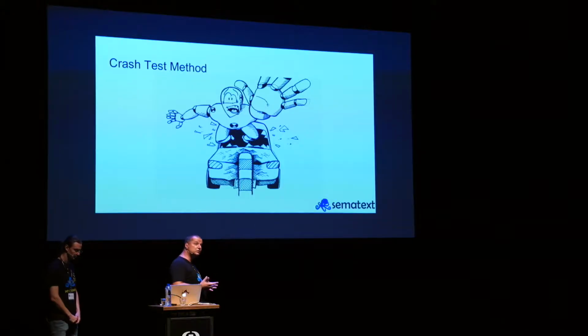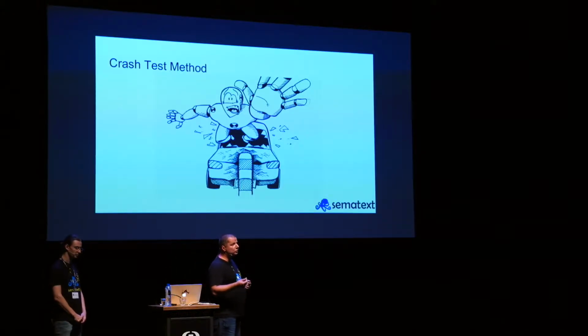The crash test method, on the other hand, is probably something you also do. Who didn't do performance testing, right? So you start with some basic knowledge or even more extensive knowledge about the system, and you do a set of tests to actually learn how that given system is behaving in certain scenarios.